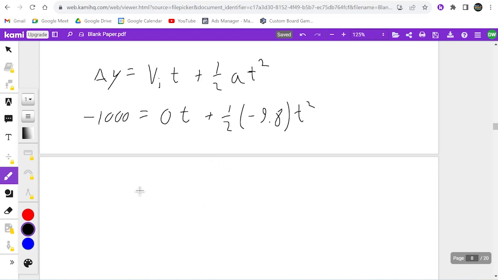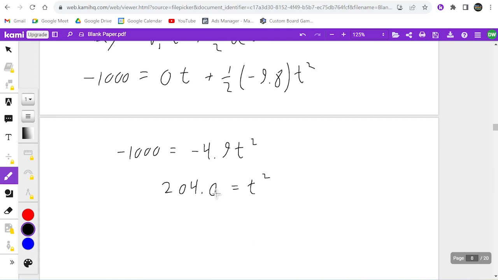So then simplifying this, I get negative 1,000 equals negative 4.9 t squared. Divide by negative 4.9. I'm going to get 204.0 equals t squared. Positive, by the way. It would be negative if I missed that earlier. And then I got to take the square root. T equals 14.3 seconds. I've got my time.